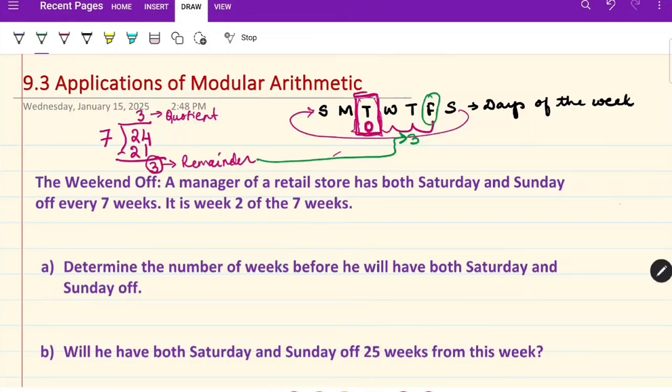Now, another thing before I finish giving you the background of modular arithmetic is that we number the days. We start from 0. So the day we start from is indicated as 0. And then the other days would go like 1, 2, 3, 4, and then 5, 6, right?